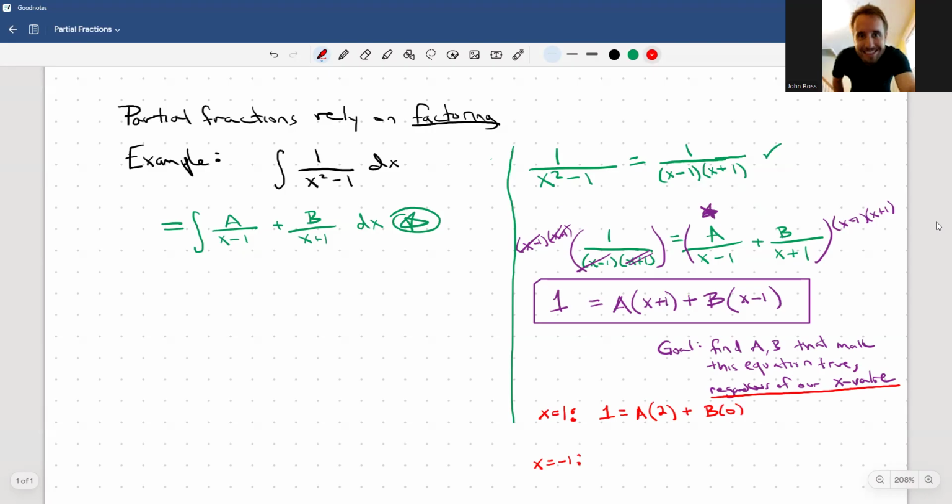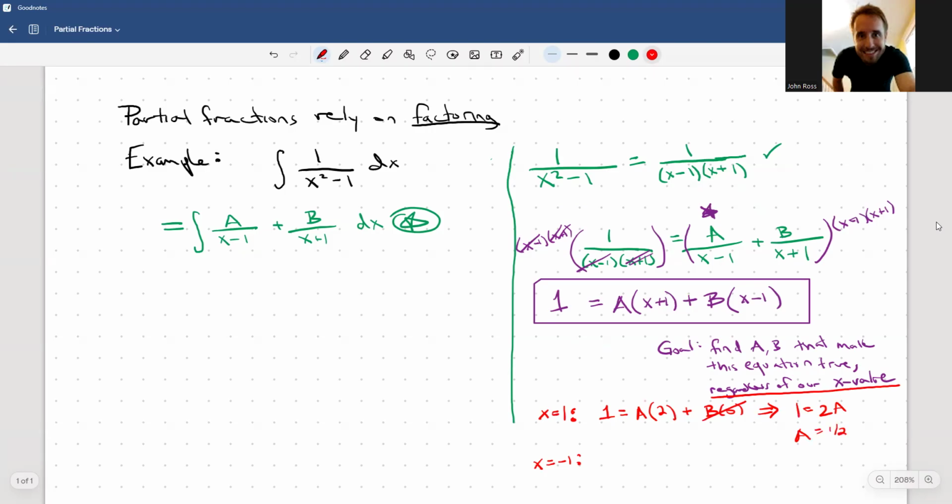Because we strategically substituted in x equals 1, we get b times 0, and the b term cancels out. This gives us an equivalent equation of 1 equals 2a, and so we get a value for a: a equals 1/2.